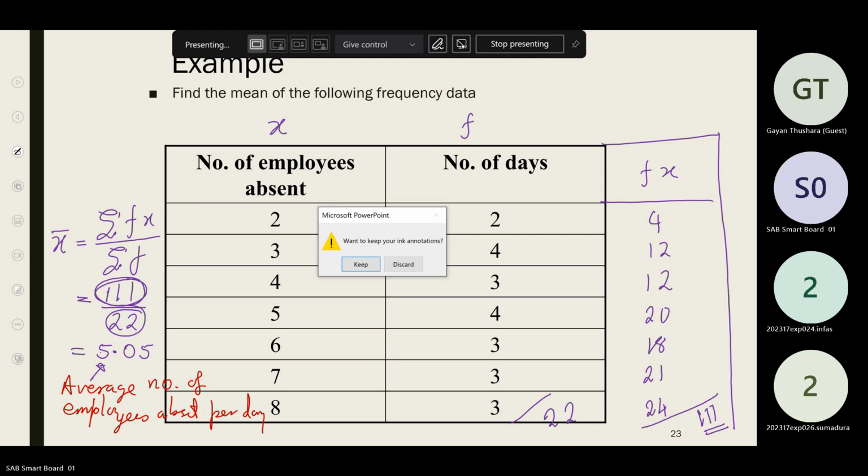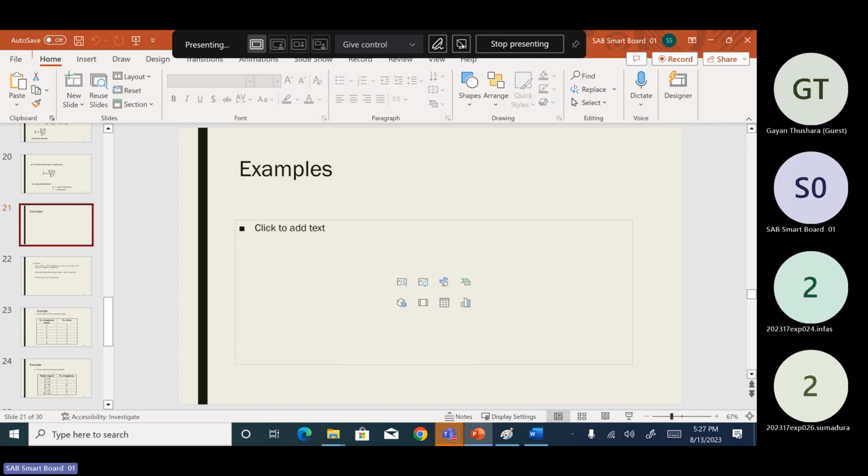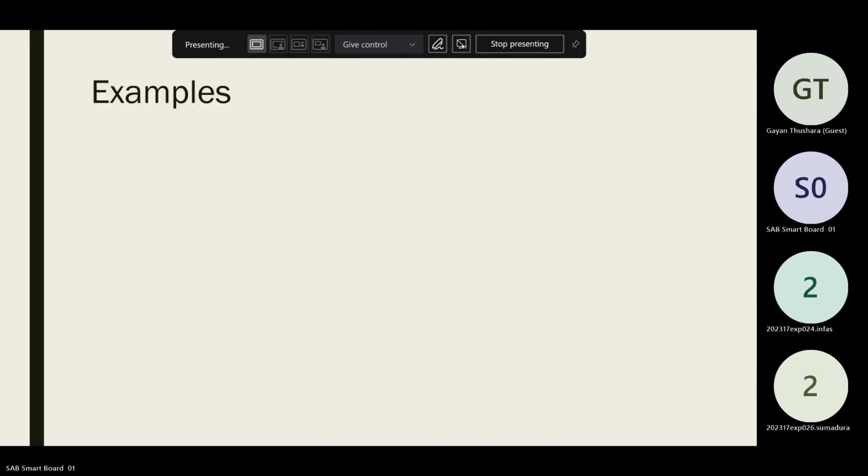So now, suppose you have a data set of this type. Number of trees, number of apples.